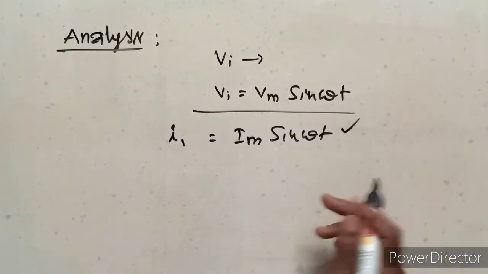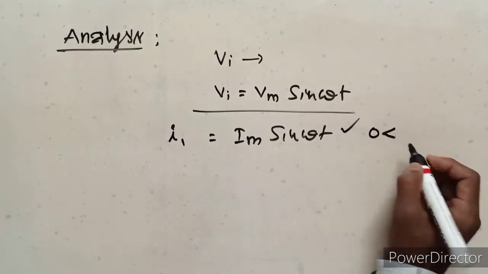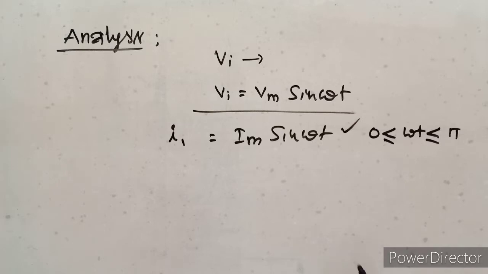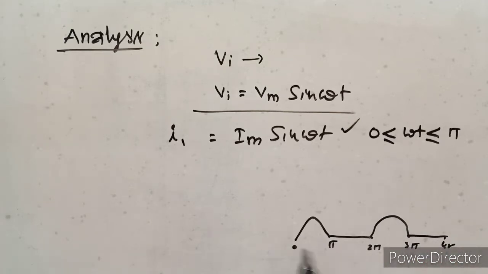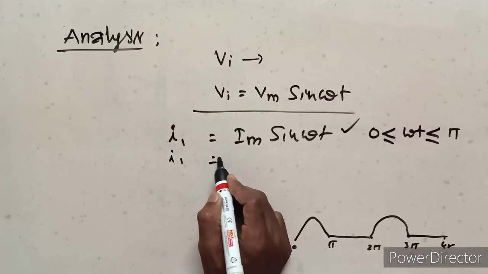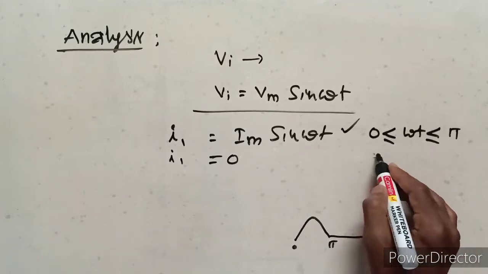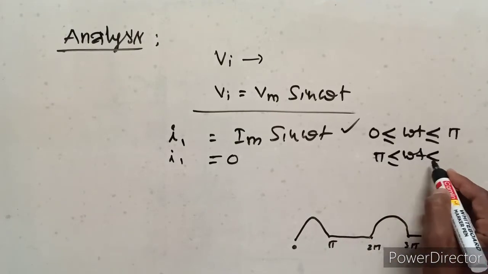This is the allowed current between 0 and pi. Looking at 0, pi, 2 pi, 3 pi, 4 pi, some intervals are allowed and some are not. So I1 equals 0, not allowed, between pi and 2 pi.